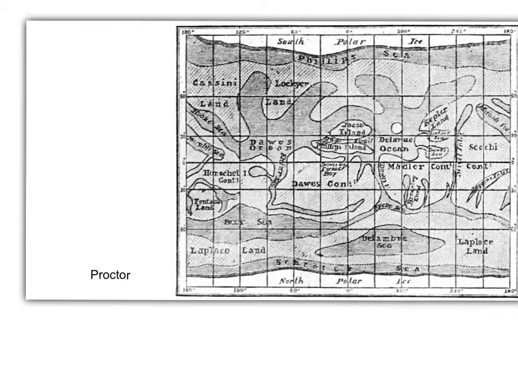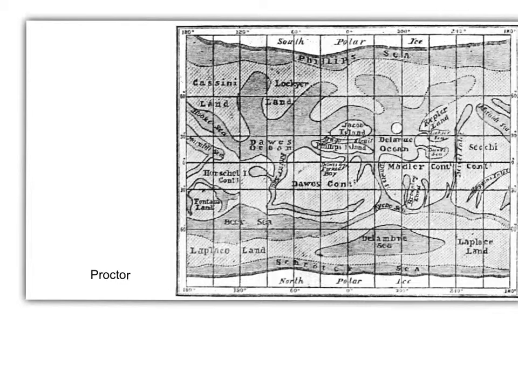And in general, the darker areas would be the oceans, and the lighter areas would be the continents, the land surfaces. So that's taking what we know about Earth, using it as an analogy to help us interpret these observations of Mars.